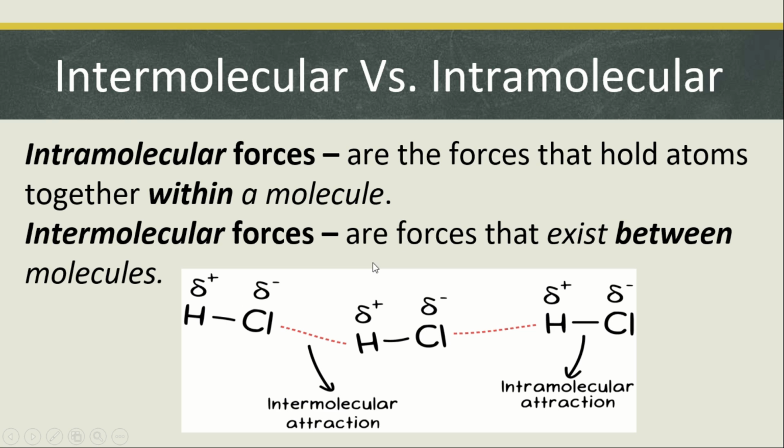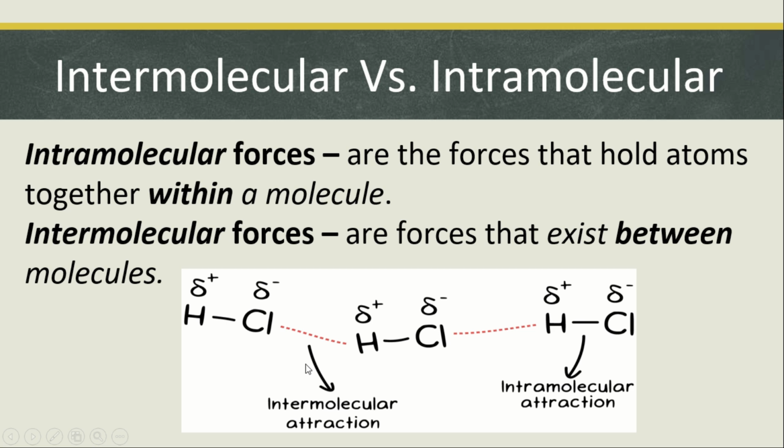That is why this is a polar molecule and they have a polar bond, and that bond is also called the intramolecular force of attraction. Now, in between these molecules, there is one force of attraction, which is known as the intermolecular force of attraction. So in this video, we're going to find out how intermolecular forces of attraction are formed.